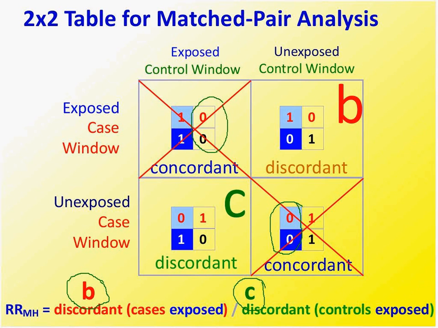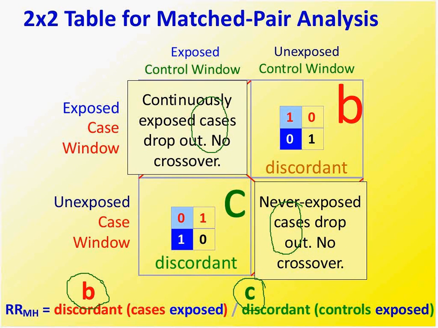And what does that mean in the case crossover analysis? It is that continuously exposed people drop out, and continuously non-exposed cases drop out.